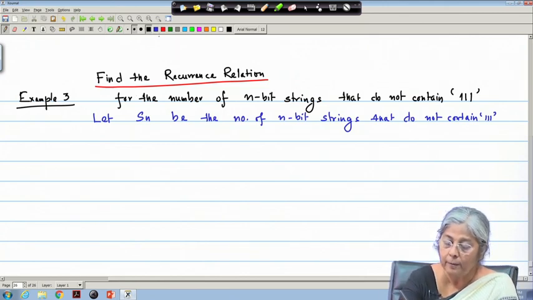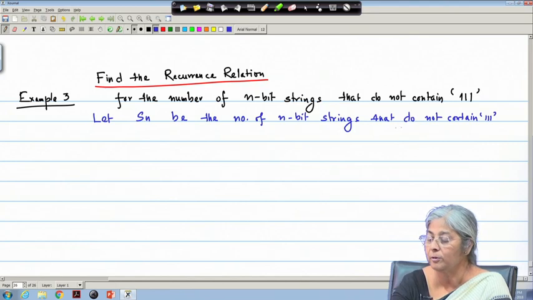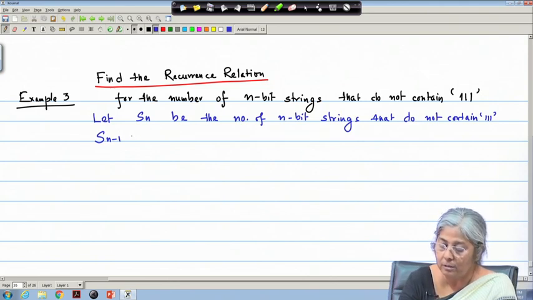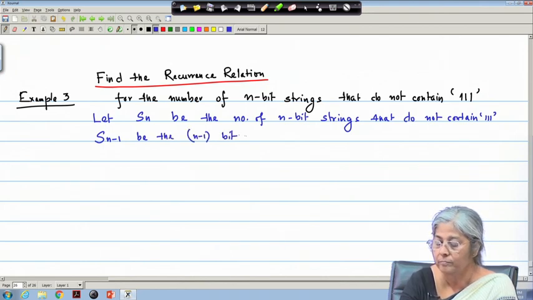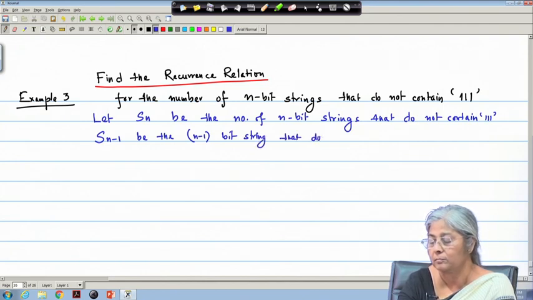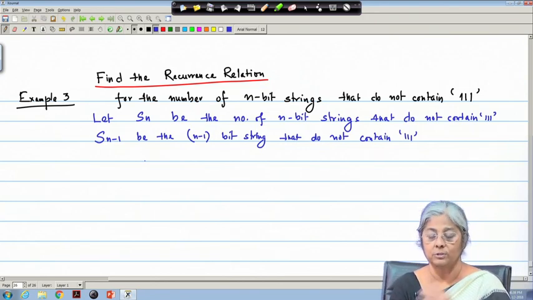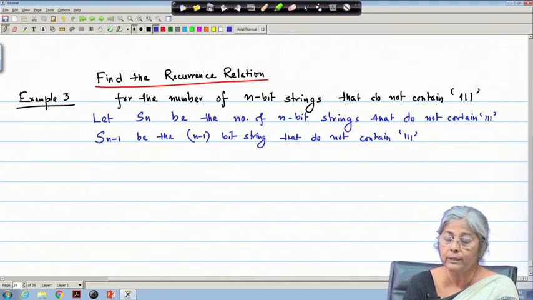Now, let Sn be the number of n bit strings, then obviously Sn minus 1 be the number of n minus 1 bit strings that do not contain 111, and similarly for Sn minus 2, Sn minus 3, and so on.